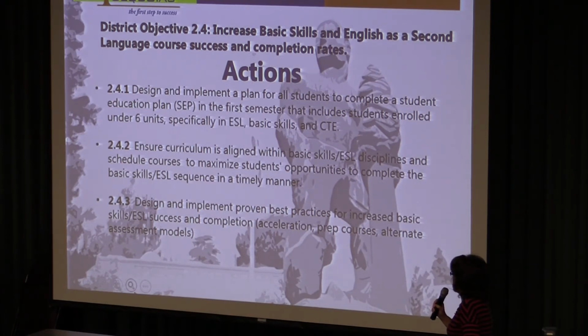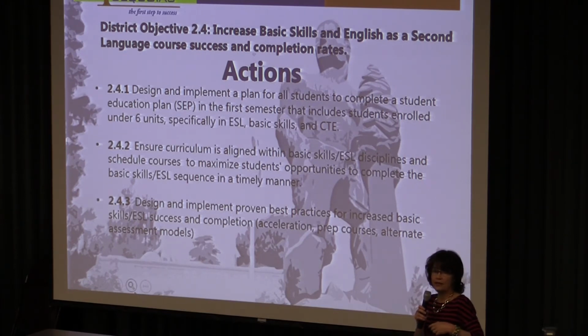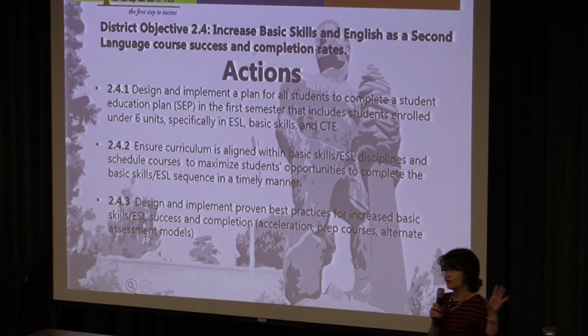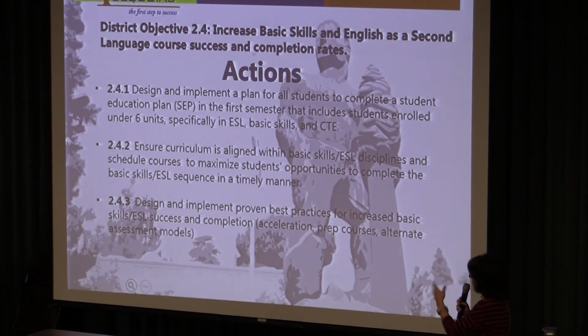Ensure curriculum is aligned with basic skills and schedule courses to maximize student opportunities. And again, we're looking at a timely sequence. So again, are the courses sequenced so they can get in and out of here and not have breaks because there's not a class available. So very key, you'll kind of see that theme throughout this.